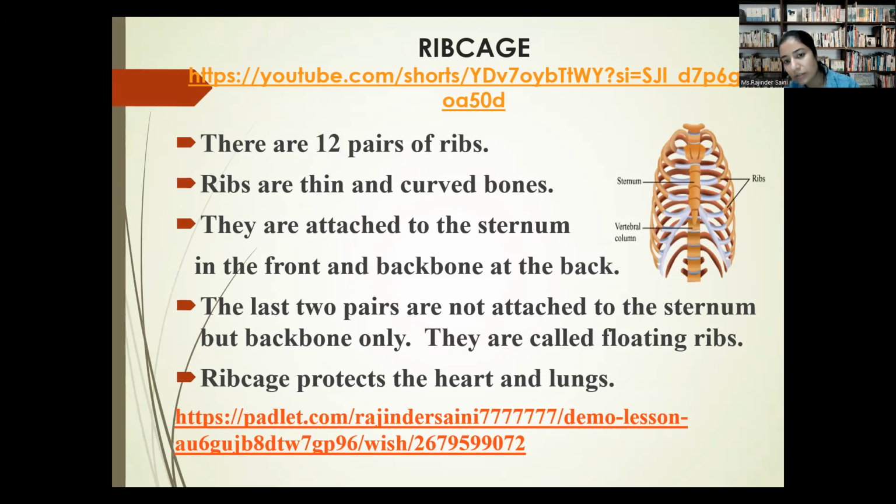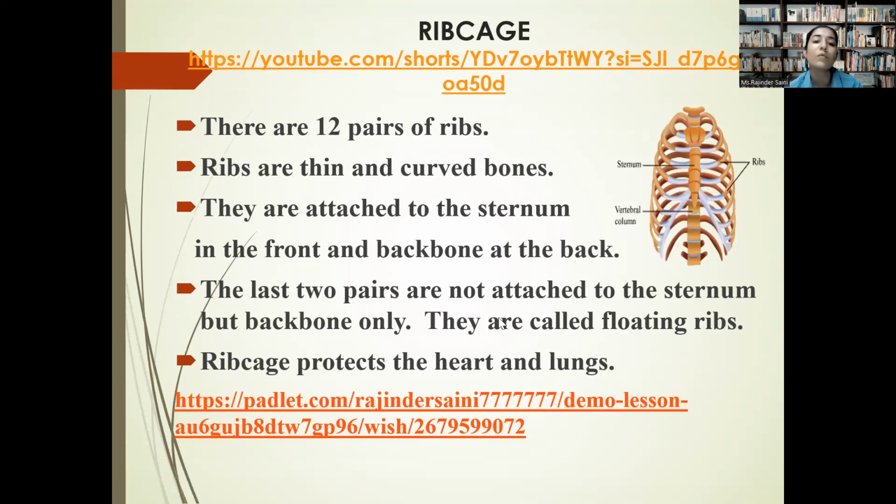If I allow it to move further, you will be able to see the structure: 12 pairs, 24 bones. The last two pairs are only connected in the back, not in the front. So there are only 10 pairs which are connected in the front. That means the last two pairs are special, and that's why they are called floating ribs.